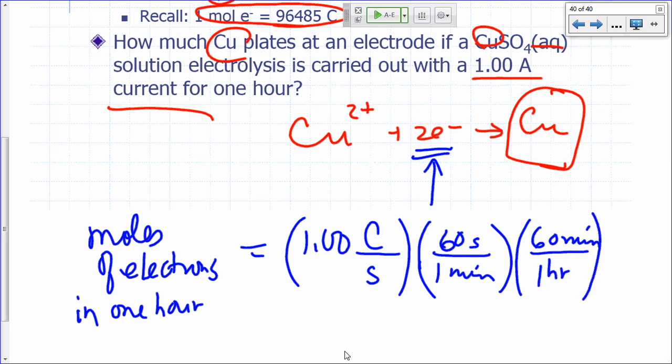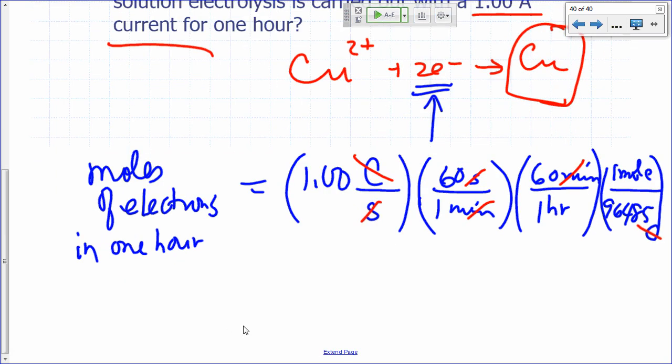Right? And seconds cancels out. How do you convert coulombs to moles of electrons? Use the Faraday constant. 1 mole of electrons is how many coulombs? 96,485 coulombs, right? So coulombs cancels out. So that calculates moles of electrons.